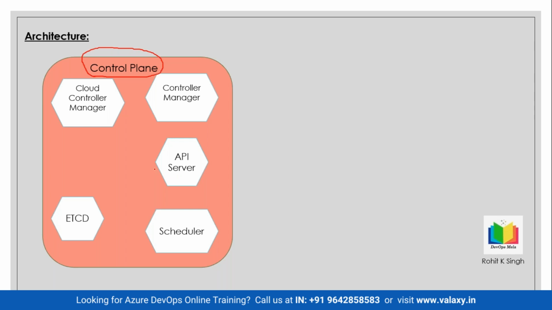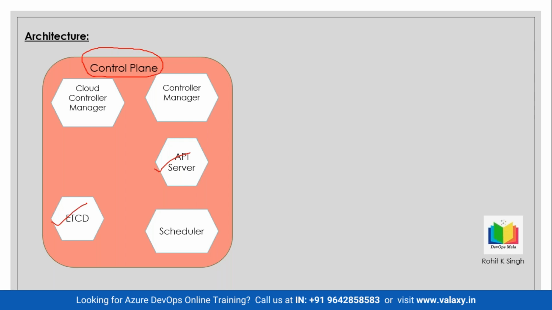Now these are the components. API server. So what is the role of the API server? The API server is a component of the Kubernetes control plane that exposes the Kubernetes API. So all the calls, if you want to connect to the Kubernetes master node, and if this master node needs to connect to someone, then all the calls happen through the API server. Okay.